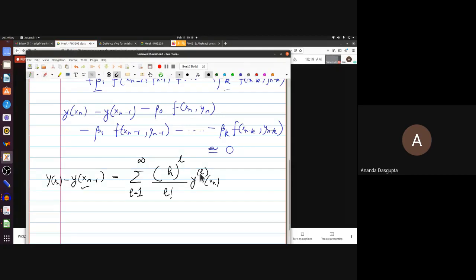And more importantly, or equally importantly, this wouldn't have been xn, this would have been at xn minus 1. Right? That's how Taylor series works. You find all the derivatives of the function at this particular point. That helps you to find the value of the function at the next point. Everybody okay with this?